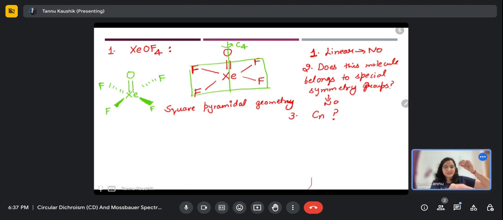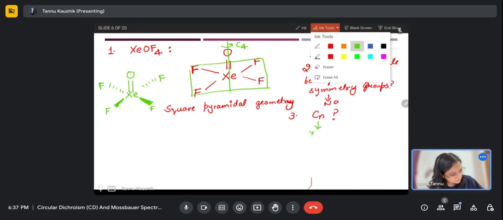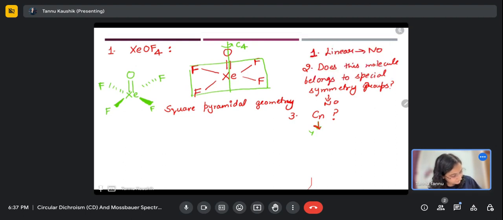And this C4 axis is perpendicular to this plane. Okay, now yes, we have a Cn axis, and that is the C4 axis.